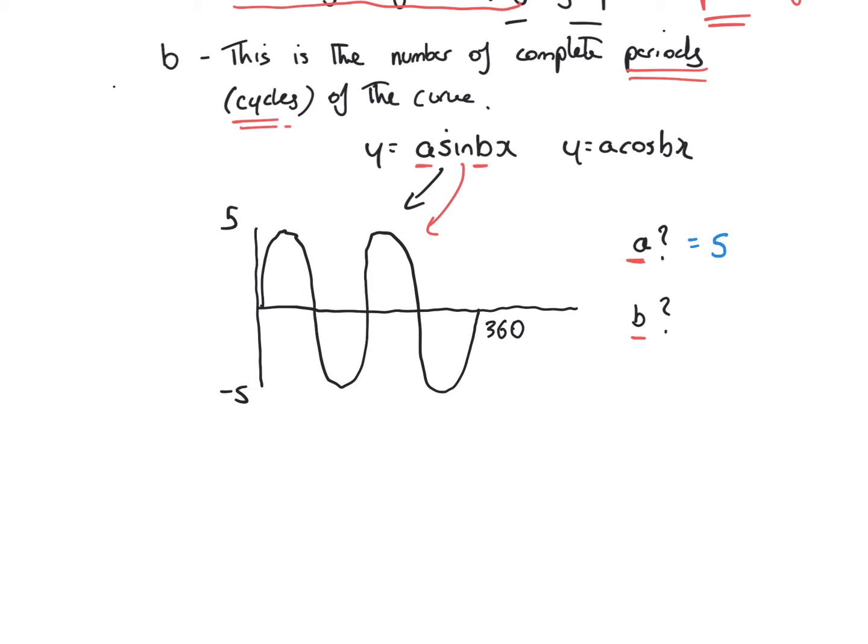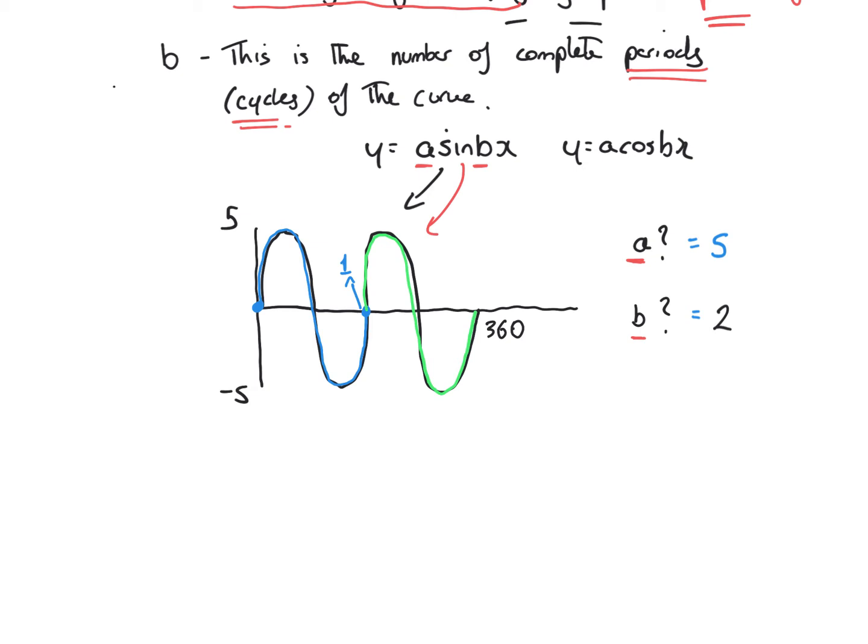Okay, B is the number of complete cycles in 360 degrees, the number of periods. Well, the period is when the thing starts to repeat. So we can see that it climbs from the x-axis. So when does it start to climb from the x-axis again? It starts to climb from the x-axis again here. So that means that that must be one cycle. Okay, and then we've got a second cycle, so that is 2.